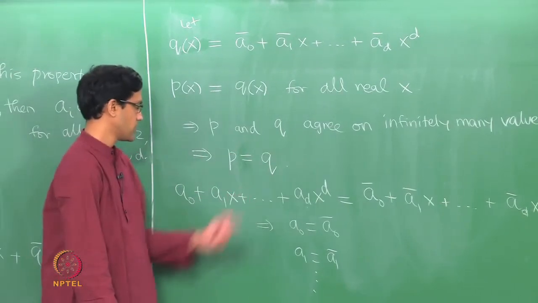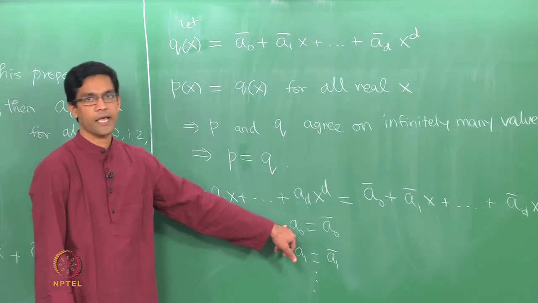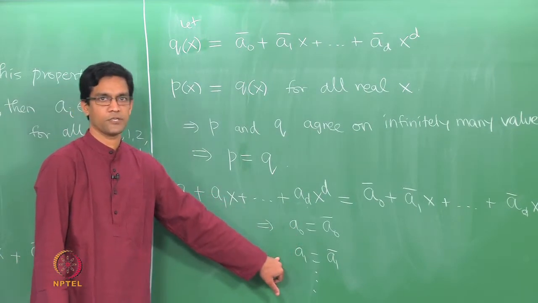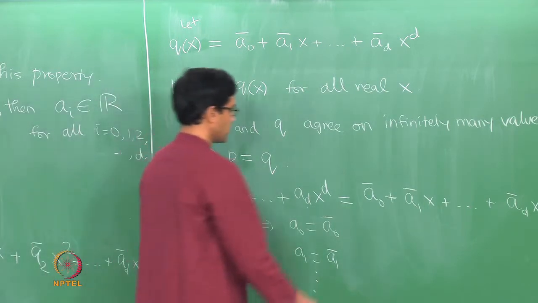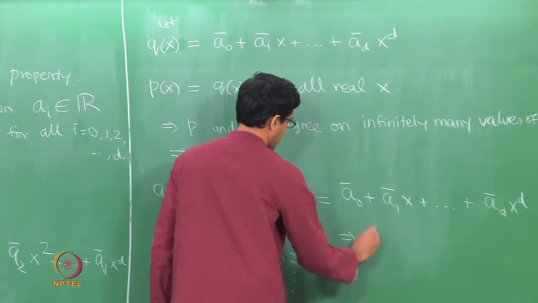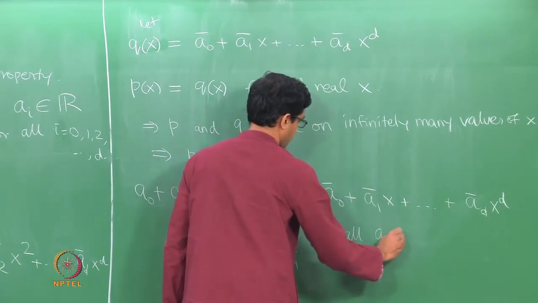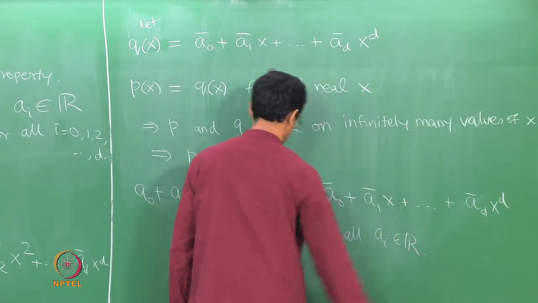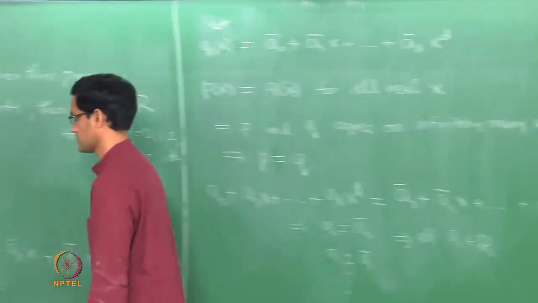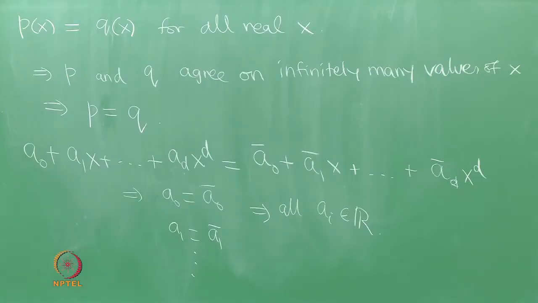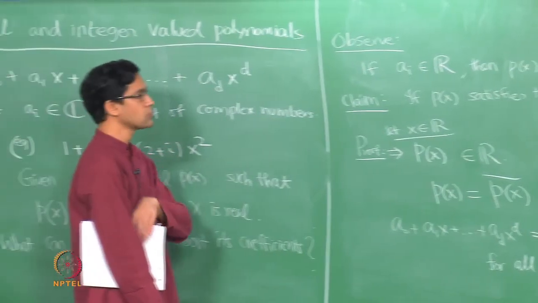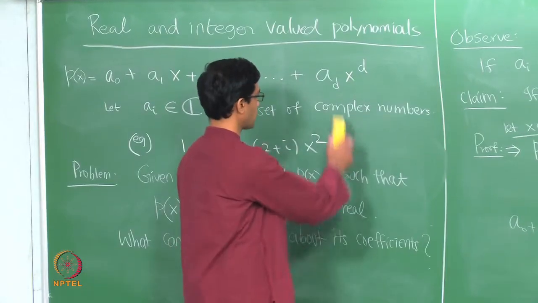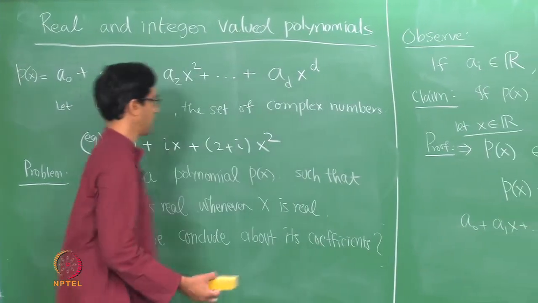Every coefficient is equal, but then this means that a0 is a real number, the next condition means a1 is a real number, the next condition means a2 is a real number, and so on. So this in fact implies that all the ai's are real. Okay, so that is in fact the proof of the converse. The only way you can get a complex polynomial to take real values on real numbers is if all the coefficients are themselves real numbers.